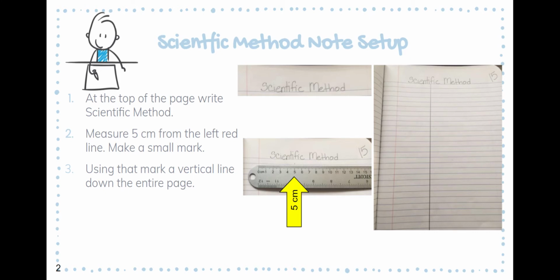So turn to the next fresh, clean sheet of paper in your notebook, and at the top of the page, write scientific method. Measure 5 centimeters from the left red line and make a small mark. Using that mark, draw a line from the top to the bottom.